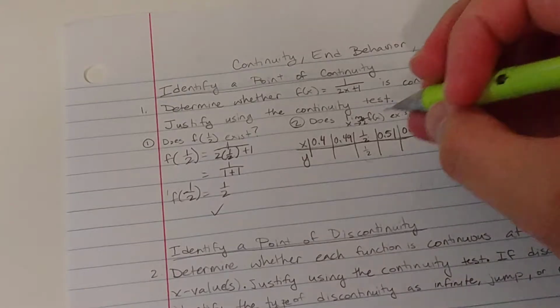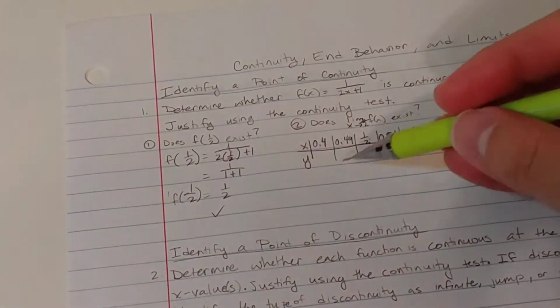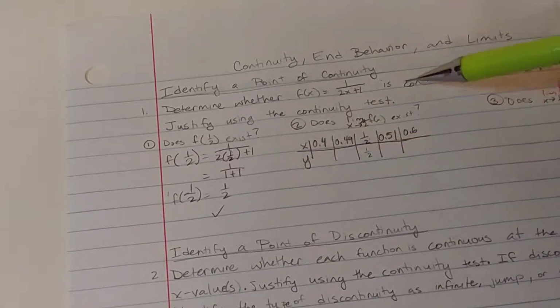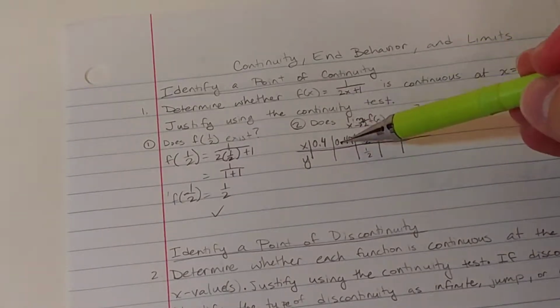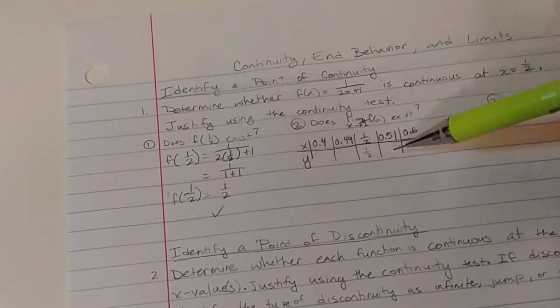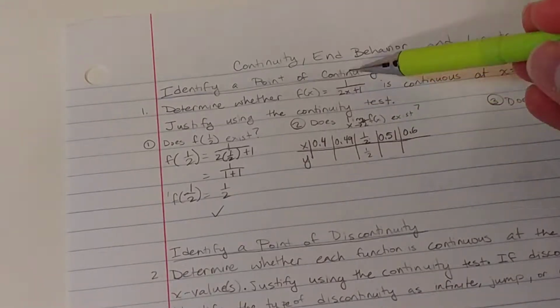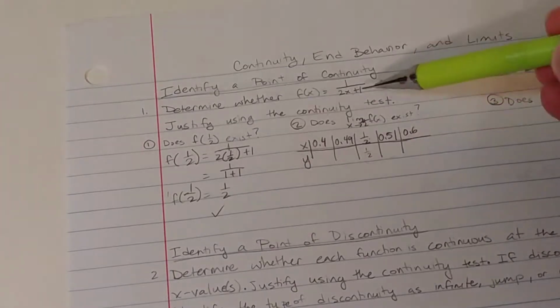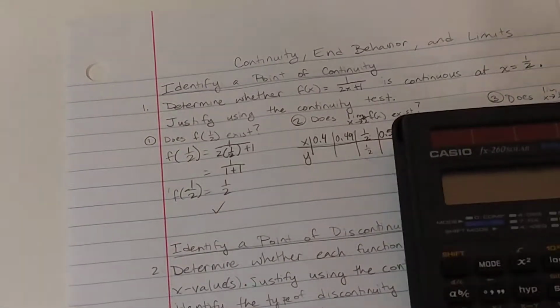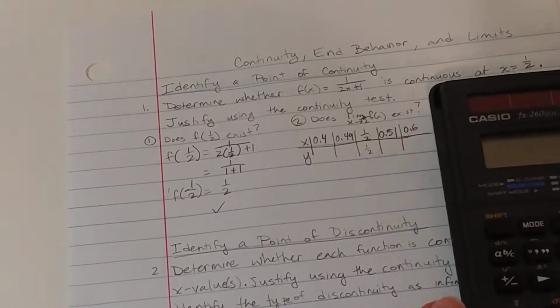All right. So let's check it. What we're going to do is plug those into the calculator. We're going to do 0.4 into the x, 0.49 into the x, 0.51 into the x, and 0.6 into the x. Hold on. I have a solar calculator.